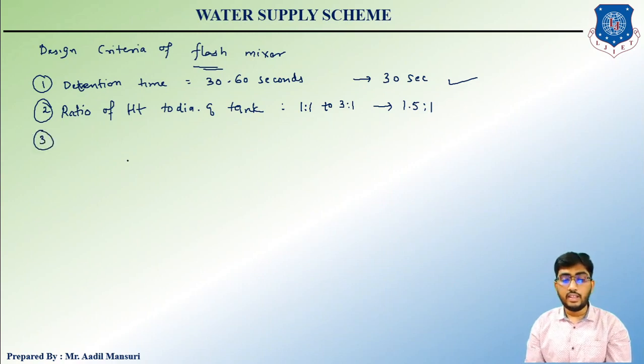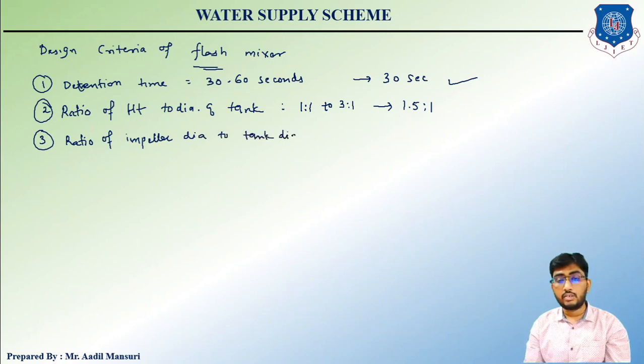Okay, then ratio of impeller dia to tank dia. This is usually 0.2:1 to 0.4:1. You can go for 0.4:1.